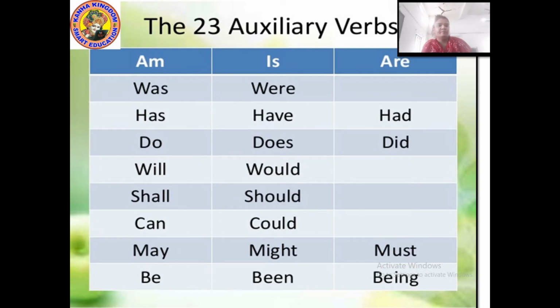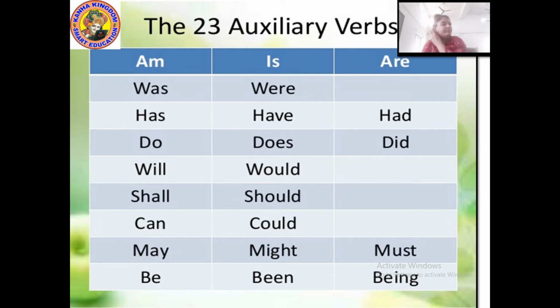Third one: has, have, had. In the first column you will write has, second column have, third column had. Number 4, do. Column 1 do, column 2 does, column 3 did. Do, does, did.